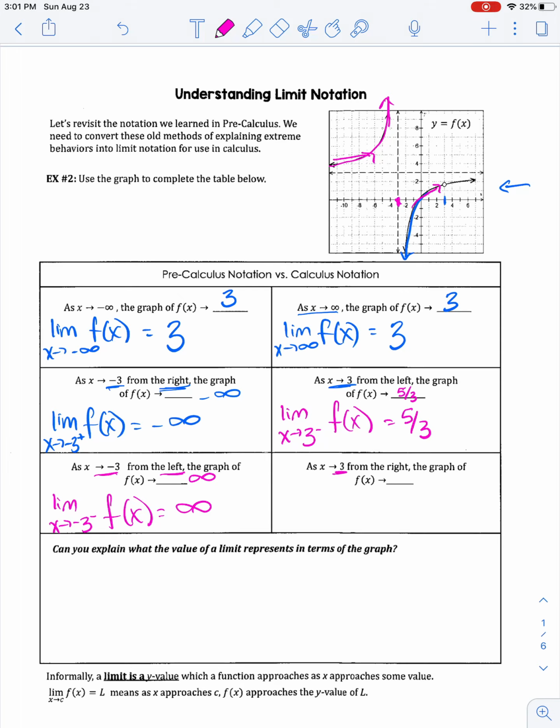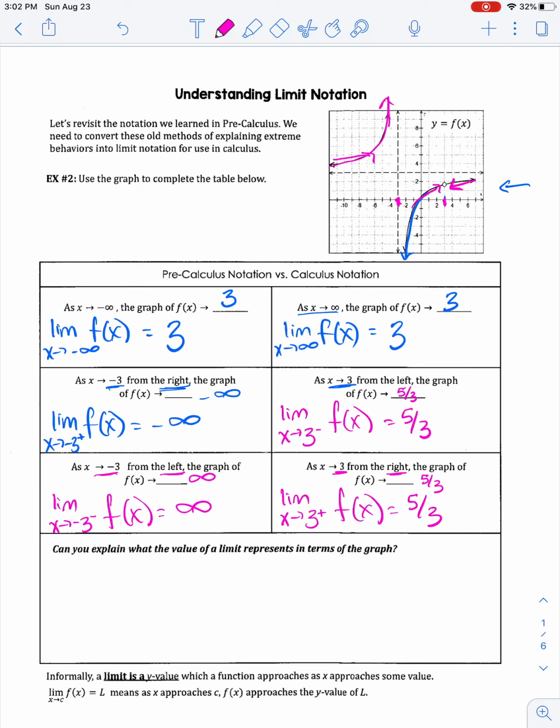All right, now we're headed to +3 from the right. So +3 from the right, we are also headed to that y value of that hole. So this would be the limit as x approaches 3 from the right of f of x equals 5/3.